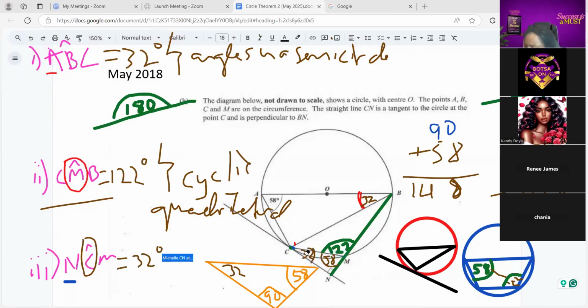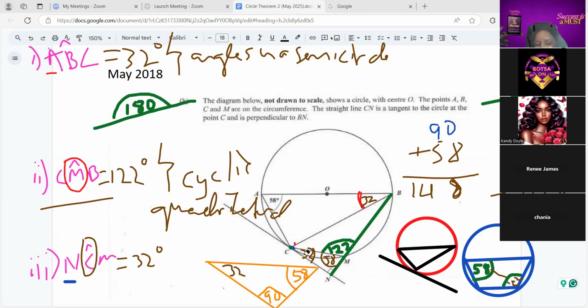But remember, what did we use to figure that out? We used angles on a straight line. When I took 180 and took away 122, I got 58 over here. And then, focusing on the triangle, I added the two angles that I knew, taken away from 180.